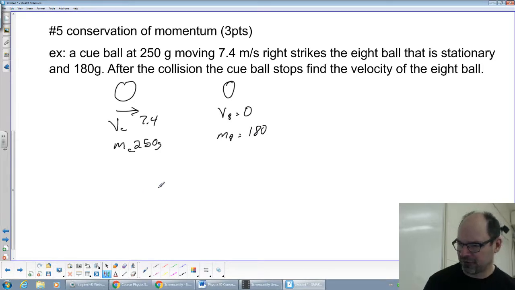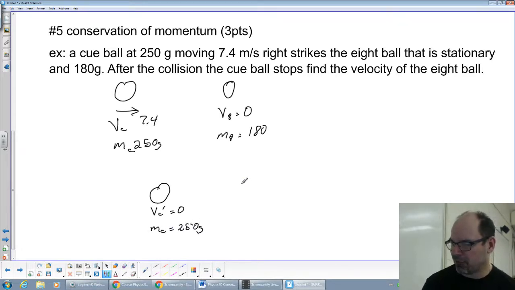Then after the collision, the cue ball stops and the 8 ball moves. We don't know what that's going to be.